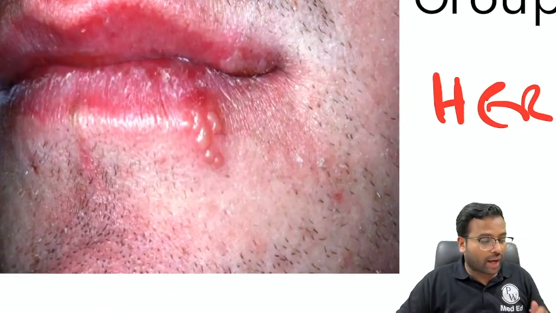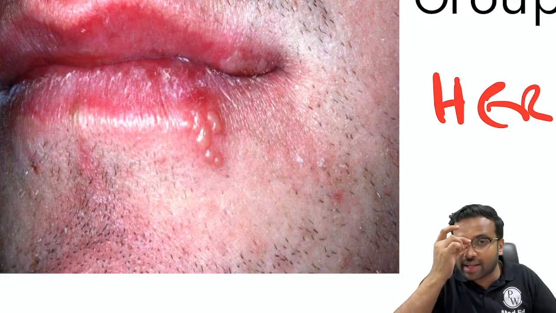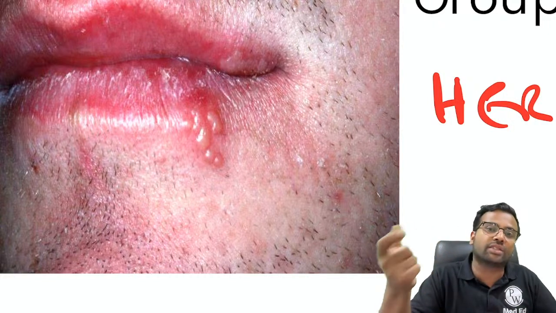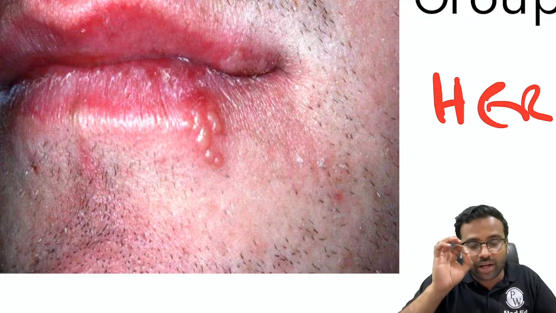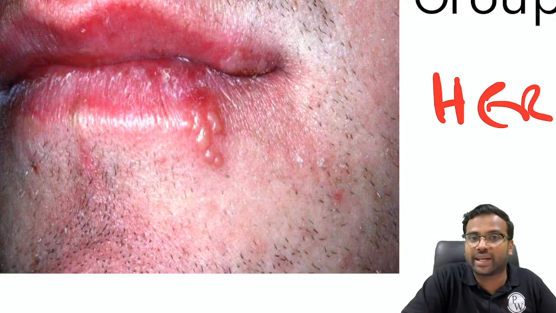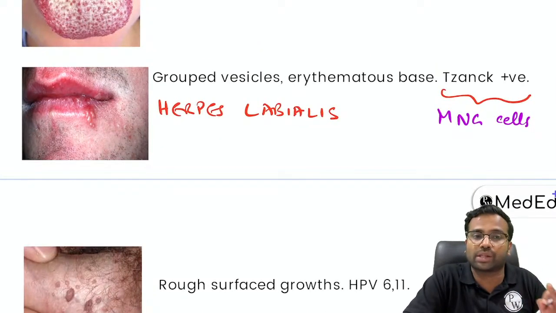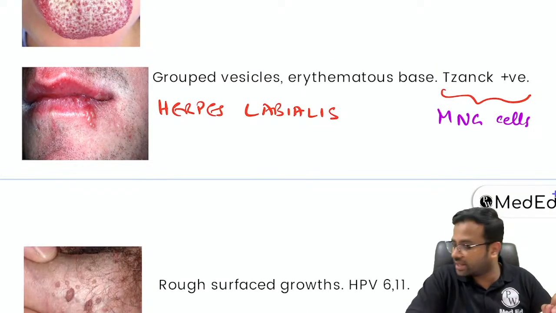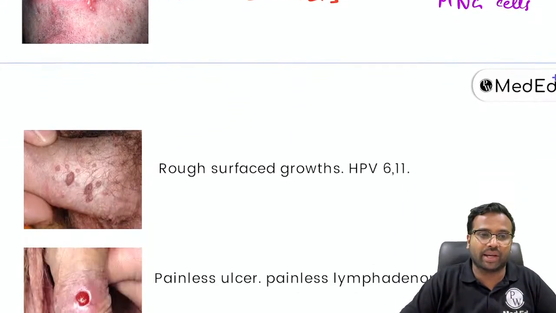Very good. What happens is we are going to de-roof a vesicle. Inside a vesicle, there is some fluid. We collect this fluid onto a glass slide, add some Giemsa stain, and examine it under the microscope. You will be able to see multinucleated giant cells when it comes to herpes labialis or any herpes simplex virus infections. So here the right answer should be herpes labialis.